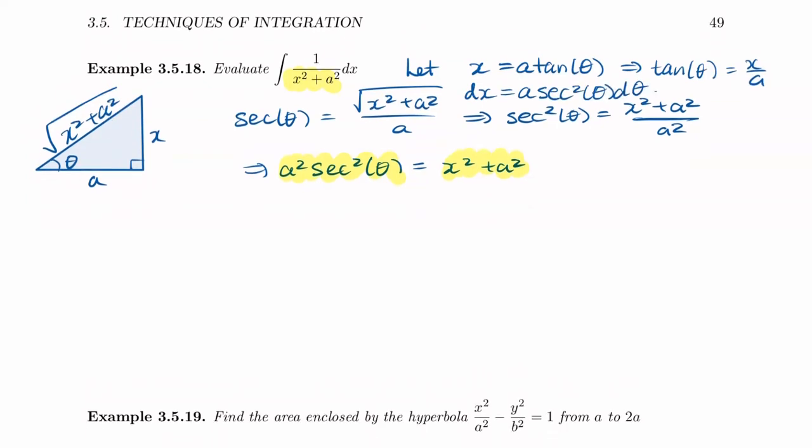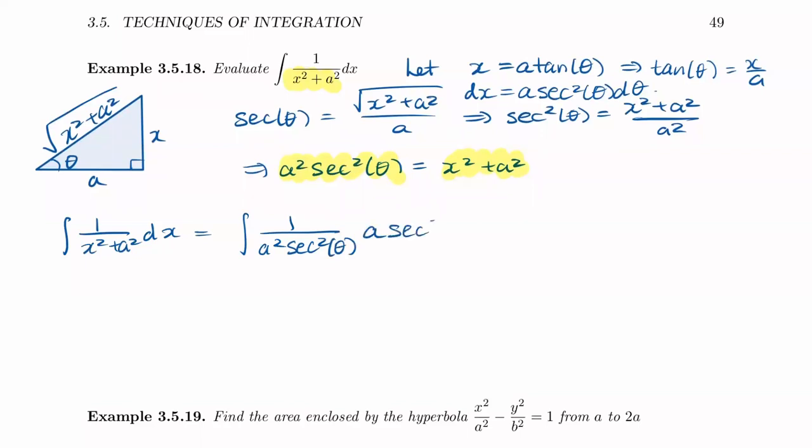All right, so let's go put that in. We have the integral of 1 divided by x squared plus a squared dx. Put everything in. So we have the integral of 1 divided by a squared secant squared theta, and dx is now a times secant squared theta d theta. So we see that the secant squared cancels, and one of the a's cancels. We are left with the integral of 1 divided by a d theta.